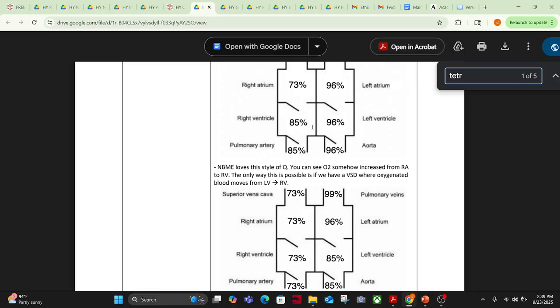And then the lungs will end up switching the shunt from left to right heart to right to left heart, and this will eventually cause decreased blood flow in the lungs.